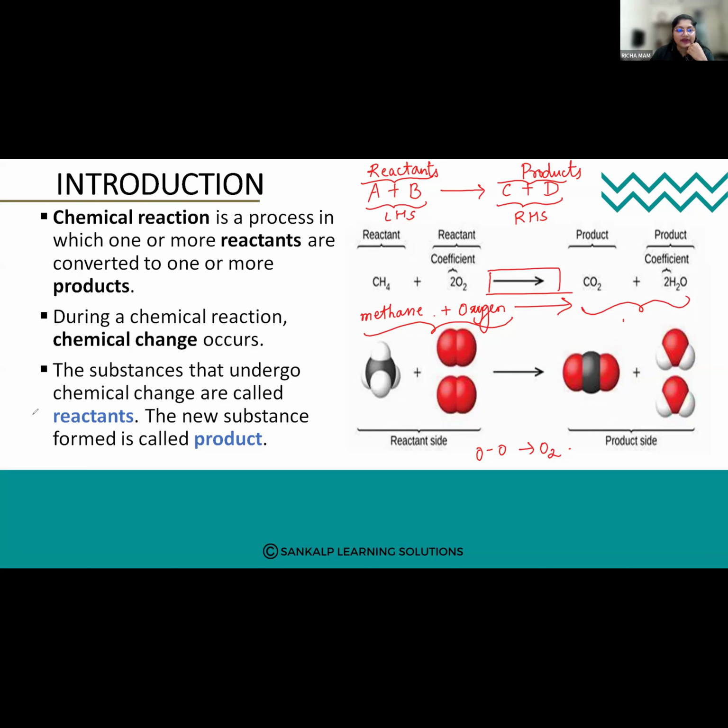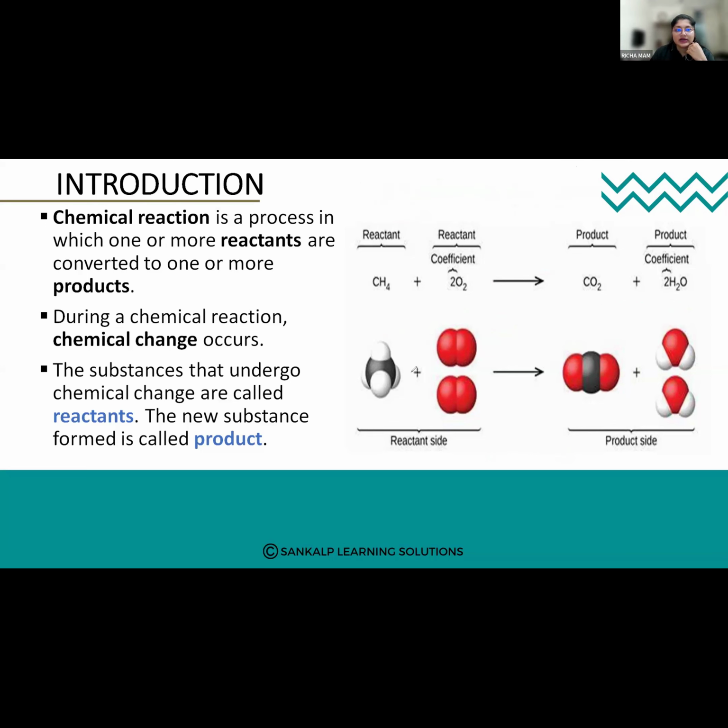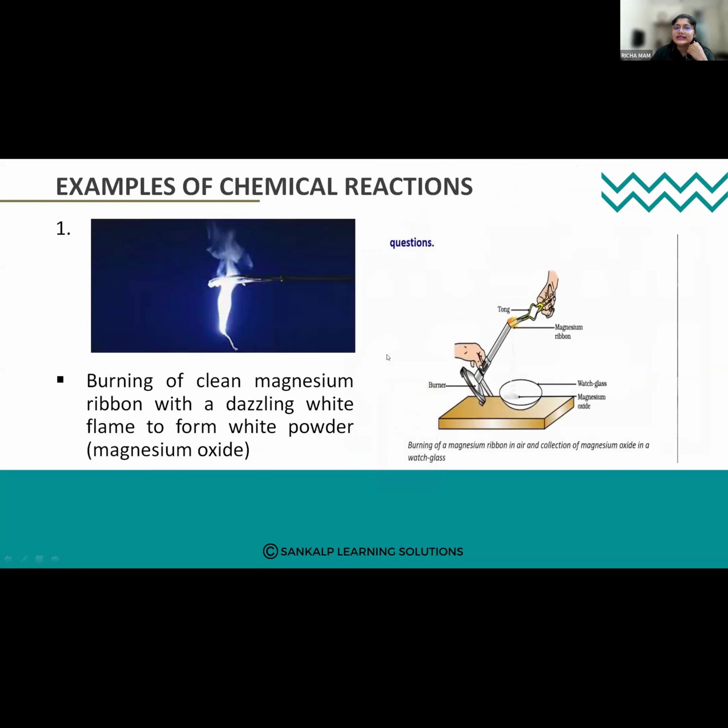Moving forward, this was about the chemical reaction. Now let us see a few examples of chemical reactions. There are many chemical reactions, and I have taken a few. This is the first one.